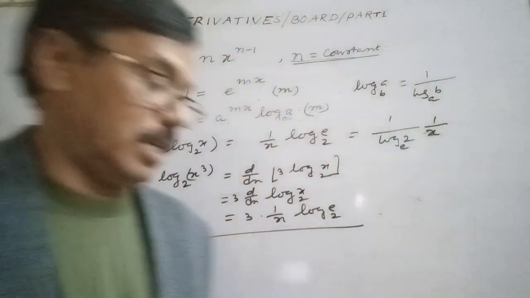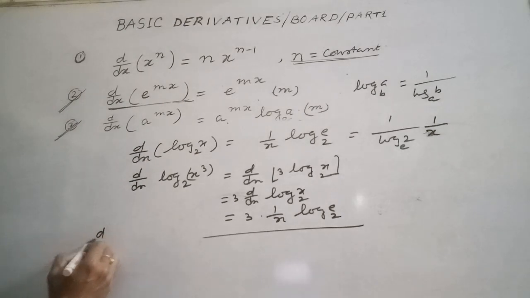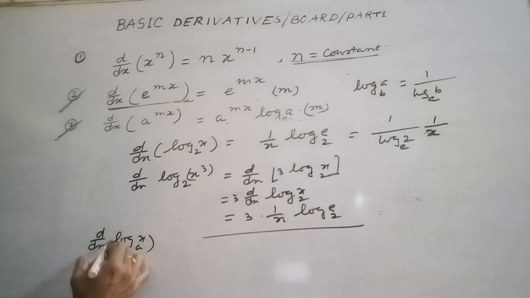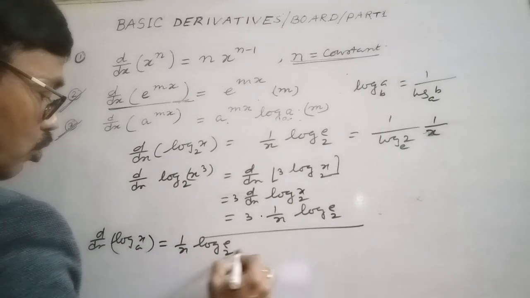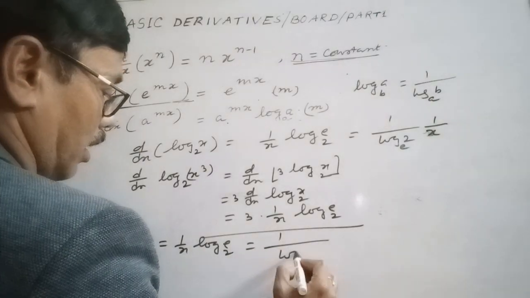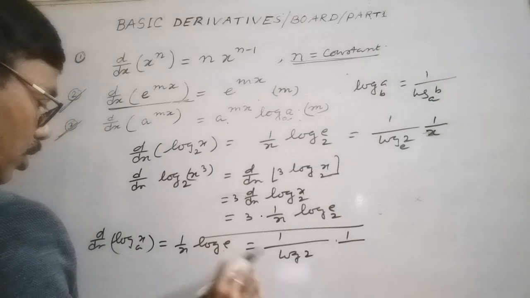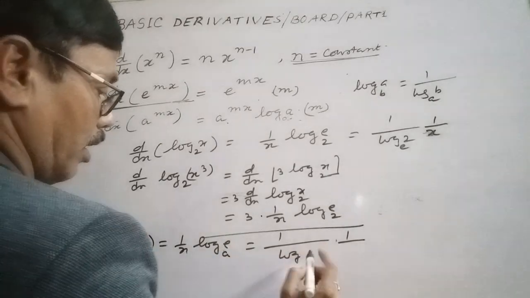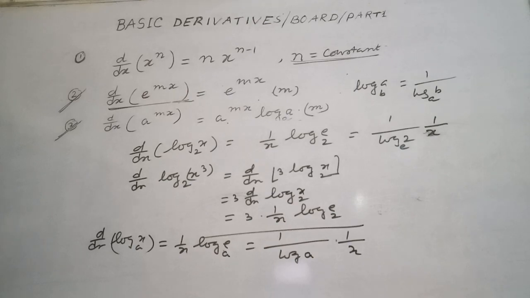So what is our result? You have to remember this one. d/dx of log x base a equals 1 by x into log e base a, or 1 by log a into 1 by x.